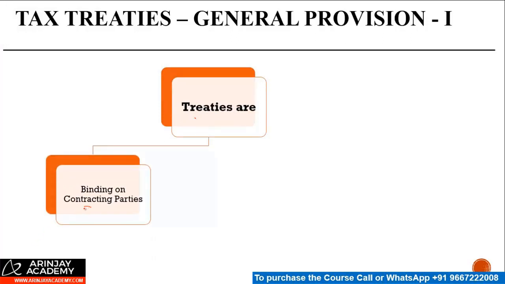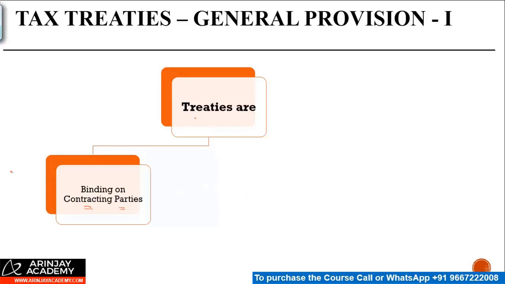When I talk about the contracting parties, what it means here is that if India enters into a treaty, let's say with the United States, then the provisions of the treaty are binding on India as well as the United States. It is not that they are binding only on India or only on the US. At the same time, they are not binding on any other country, right?